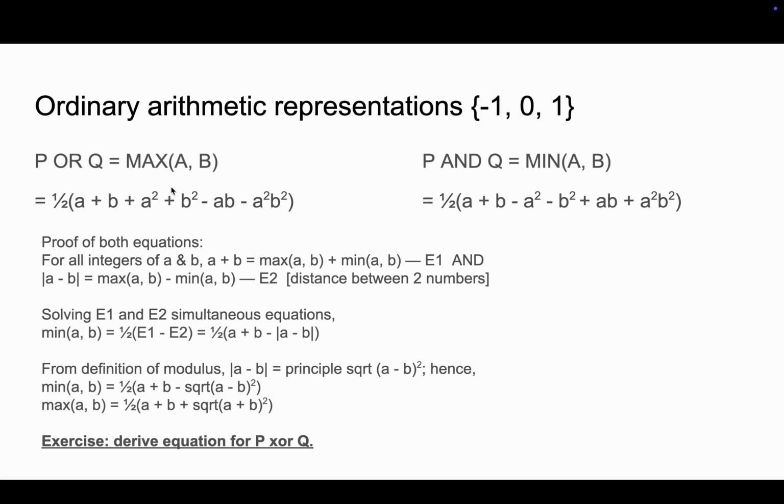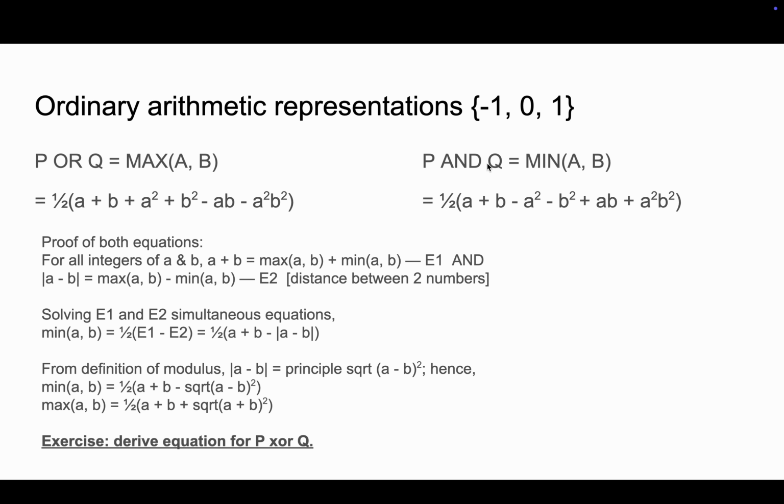So over here, A corresponds to the truth value of A, and B corresponds to the truth value of B. When we make a statement P or Q, A corresponds to the truth value of P, and B corresponds to the truth value of Q. When we say P or Q, we are essentially taking the maximum of the truth values of P and Q. This can be proven by comparing the truth tables of the disjunction and of this function here.